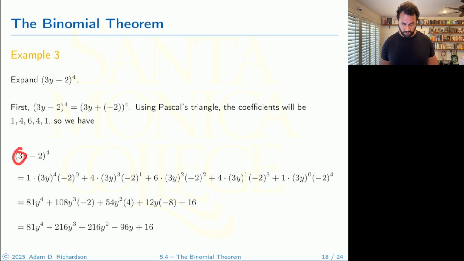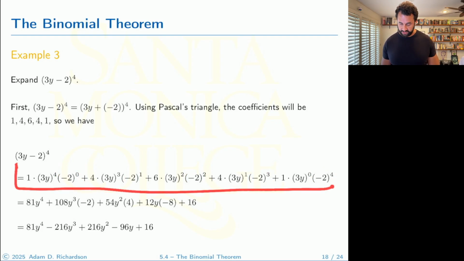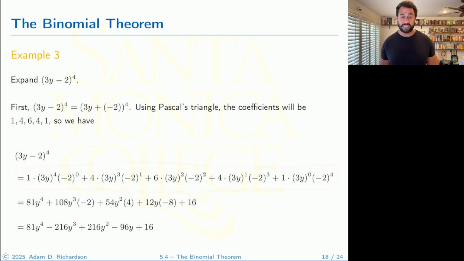We've got 3y to the fourth, 3y cubed, 3y squared, 3y to the first, 3y to the 0, right? So the descending powers of the first term. And then here, this is negative 2. So we're going to have negative 2 to the 0, negative 2 to the 1, negative 2 to the 2, negative 2 to the 3, negative 2 to the fourth. And that's the structure.